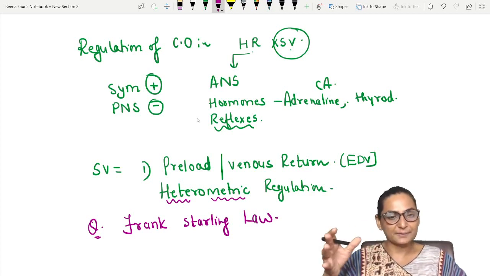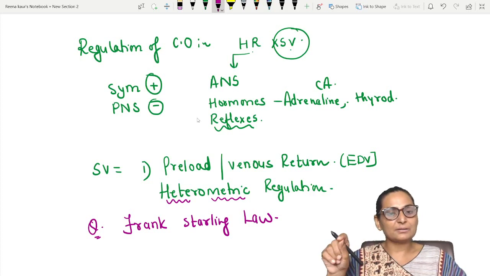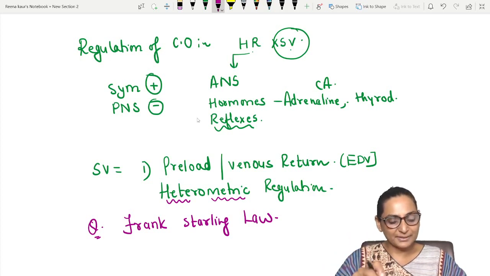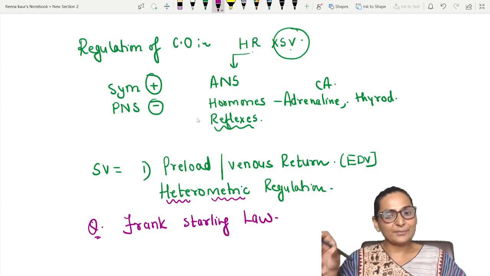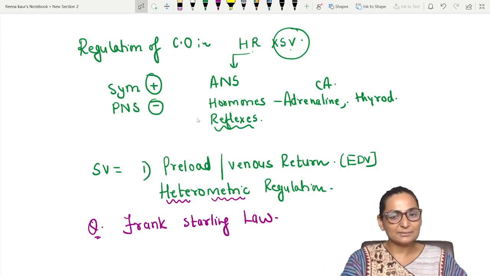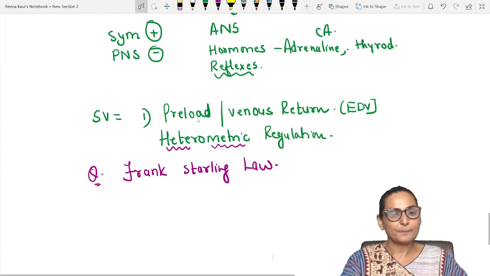Just understand. So the first factor by which you can affect or change the stroke volume, and therefore the cardiac output, is heterometric regulation, where you bring about a change in the length, that is venous return.